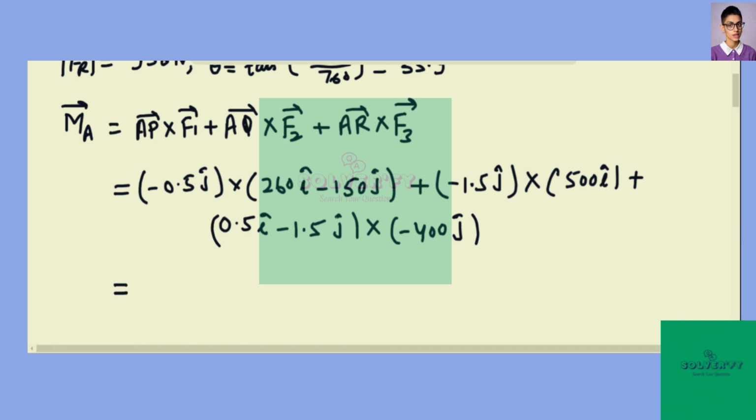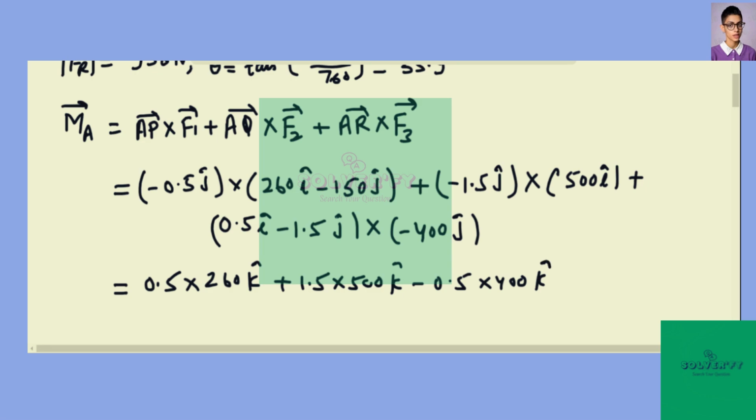On simplifying, we take the cross products and simplify, and we get 0.5 into 260 k cap plus 1.5 into 500 k cap minus 0.5 into 400 k cap.